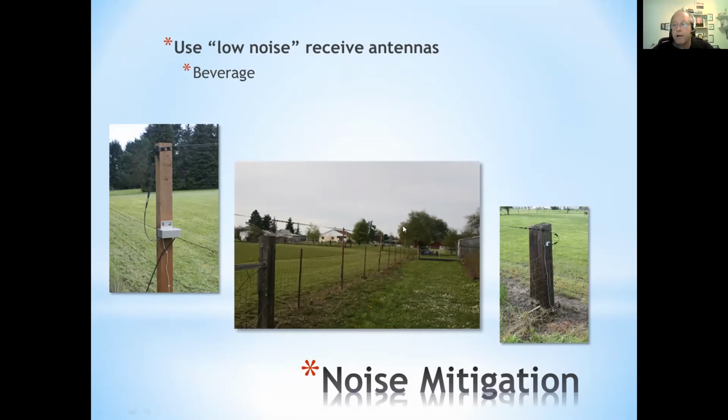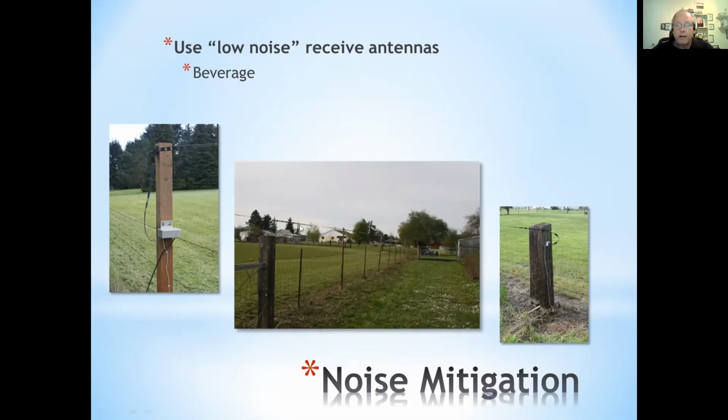My lot that I live on runs north-south. It's about 450 feet long in this direction and about 250 feet wide in the east-west direction. It's absolutely due north and due south. So I just run the beverage antenna along here, and I get Europe on 80 meters or on 40 meters.